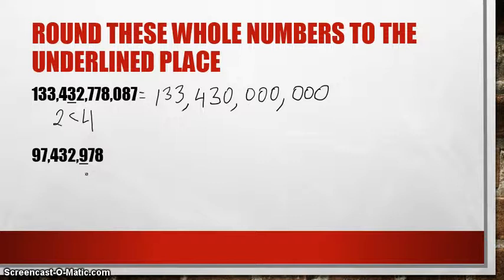Okay, so let's see if you did get this right. So this is the place you're asked to round to. So there is a 9 in this place, and then you have a 7 to the right of it. So since 7 is greater than 5, so it's 5 or greater, this number, the 9, will go up 1.